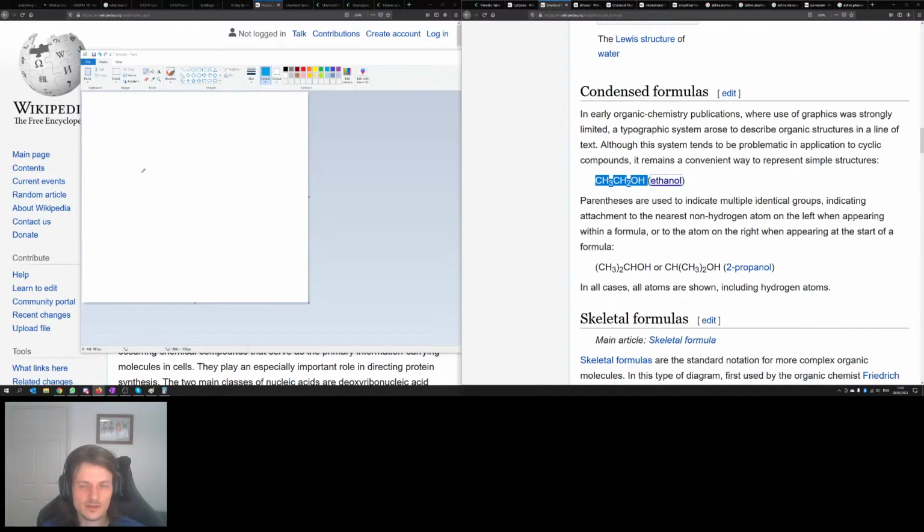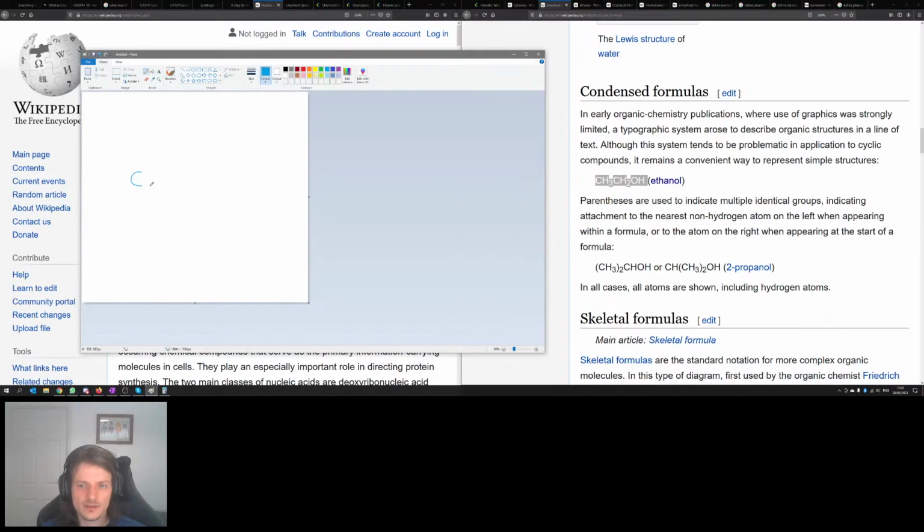So C is bound with three H's. One, two, three. Then you've got it bound to one H, two H's. Here's the two H's. And then the O is bound with an H. Something like that.